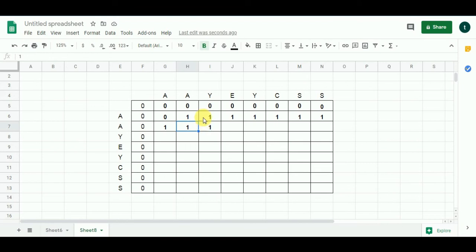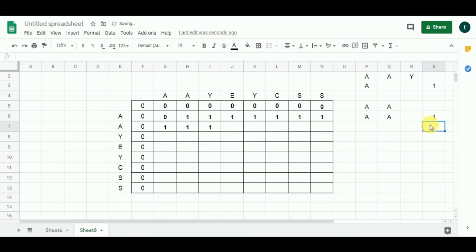So let's open the subproblem of this cell. The subproblem is going to be A, Y and A. Alright. And what is this subproblem? This subproblem says I have AA and AA. Now the longest repeating subsequence over here is 1, and the longest repeating subsequence over here is 1.